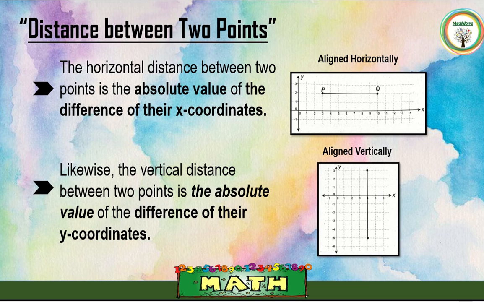Likewise, the vertical distance between 2 points is the absolute value of the difference of their y coordinates. So as you can see on our example, the 2 points are aligned vertically. So you are going to find the absolute value of the difference of their y coordinates to find the distance between them. Let's have examples.